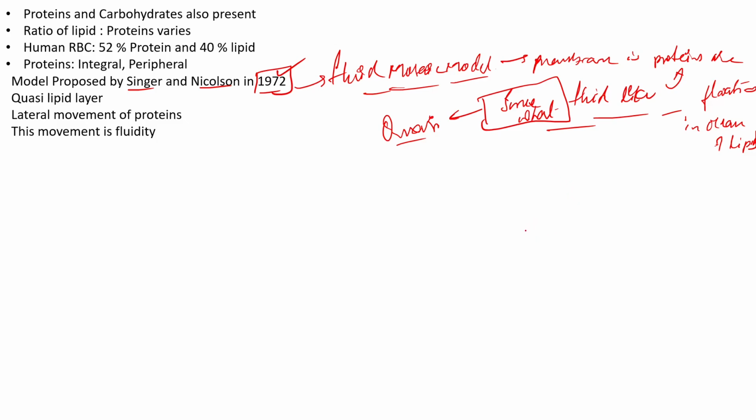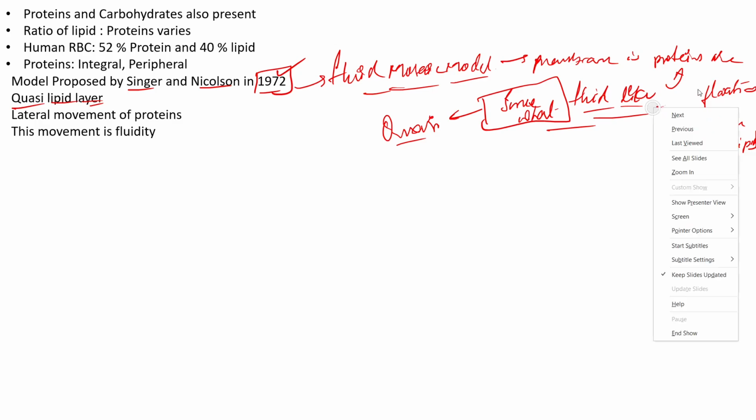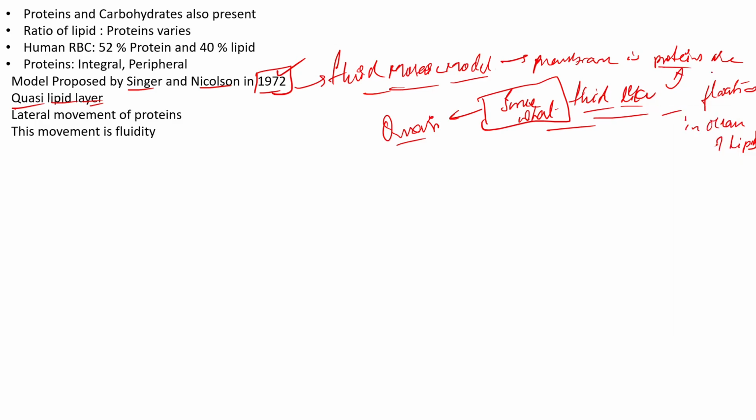Singer and Nicholson said that the membrane is somewhat fluid-like, so that is what we mean by the quasi-fluid layer. The proteins are mainly floating in the ocean of lipids. This is what the original statement in their papers tells us.